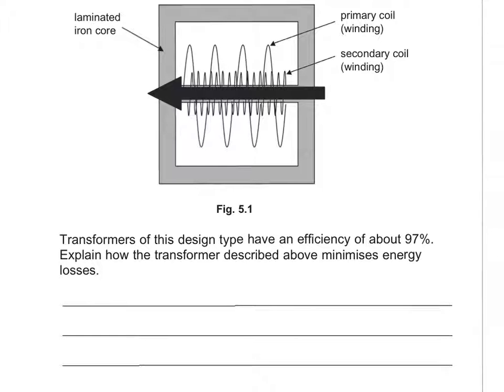And so that can basically be reduced by manufacturing from a pure form of iron, a soft form of iron that doesn't require very much energy to reverse its domain fields. So the idea of having a good quality iron core will reduce the losses relating to that.